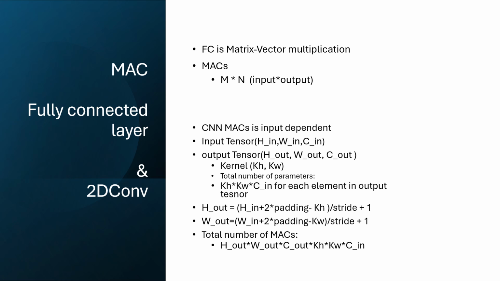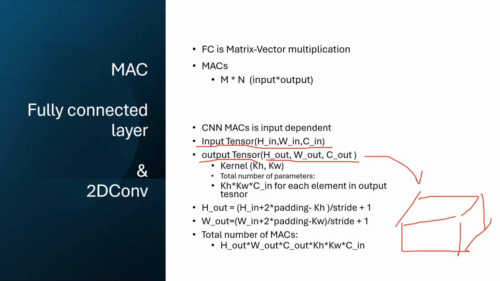When calculating the convolution layer, the number of MAC depends on the input. Assume we have an input tensor with this dimension, and then we have an output tensor, which is going to have this dimension. So assume that the output will have this volume with the dimension we mentioned here. For each of the elements in this volume, we need to do some calculation.